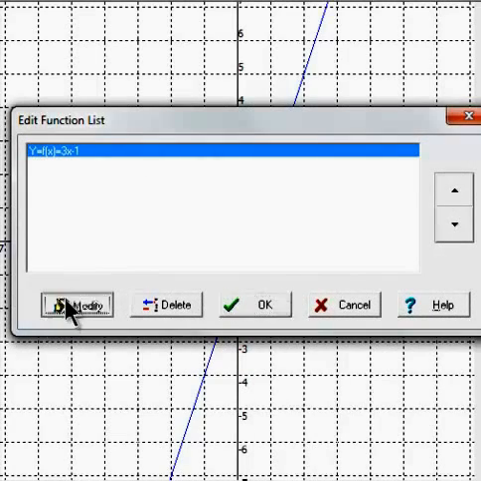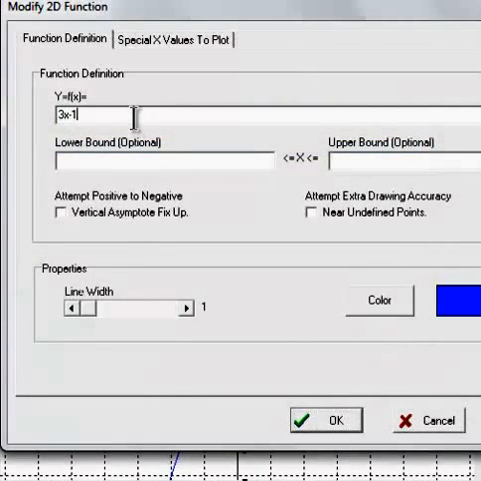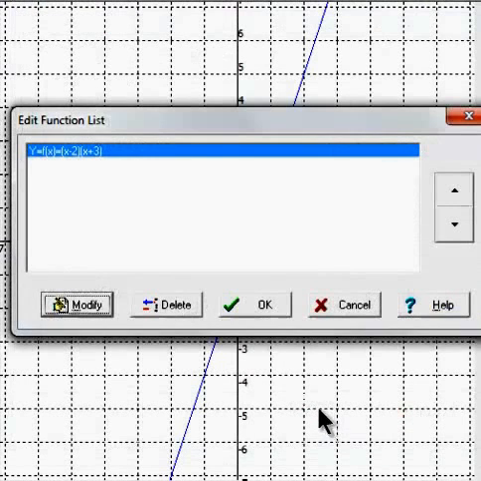What if we were to have two factors, but both of them are different? So in other words, this is a factor with a power of 1, x minus 2, and this is a factor with a power of 1, say x plus 3. We're going to have an x-intercept at 2 and an x-intercept at -3. What's going to happen? How are they going to cross the x-axis?